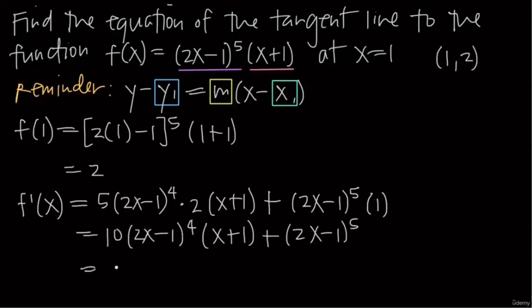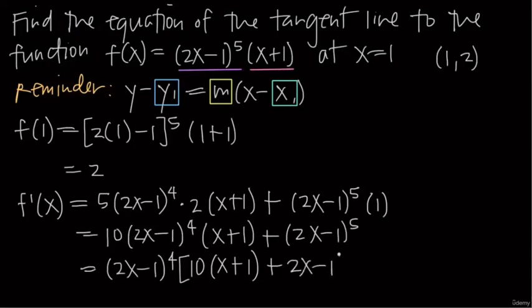I'll go ahead and do that just to make it a little cleaner. So we're going to have 2x minus 1 raised to the fourth power multiplied by 10 times quantity x plus 1, which is what's left over when we pull the 2x minus 1 to the fourth power out of this first term. And then here we're just left with one factor of 2x minus 1. So we can just say 2x minus 1.